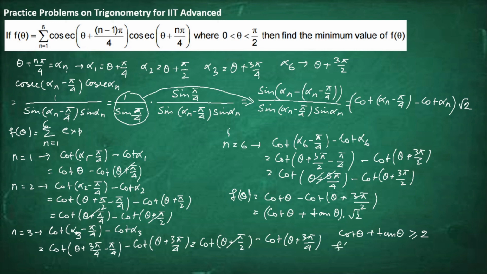Therefore, the minimum value of this expression f(theta) will give you 2 root 2. Is it clear or not? Why root 2 is multiplied? Because in the expression your root 2 is multiplied, because 1 by sine pi by 4 was there. Is it clear? Therefore, the minimum value of this expression given is 2 root 2. Is it clear to all of you? Okay.